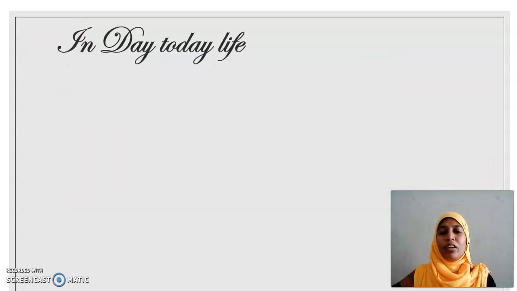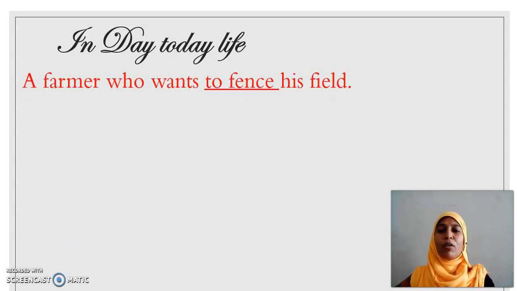Now, where do we talk about perimeter in our day-to-day life? Here, when a farmer wants to fence his field, what does it mean to fence? To protect his field from animals grazing into it.